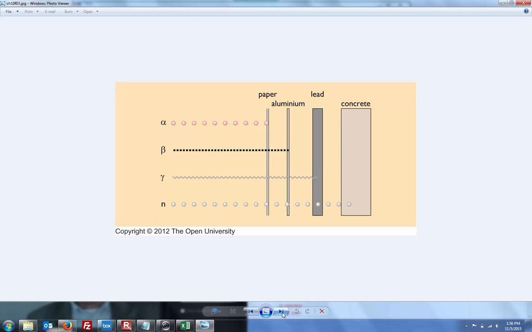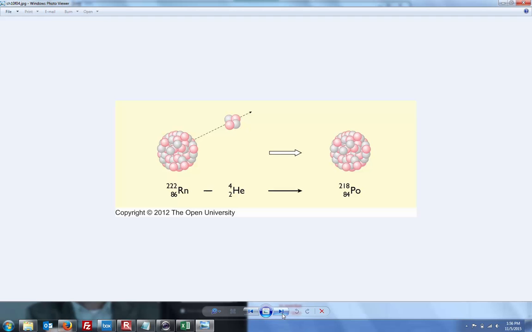So alpha particles, the least penetrating, is actually just a helium nucleus. So again, this type of radiation has mass, in fact. What we're looking at, helium, is a pair of protons and a pair of neutrons.